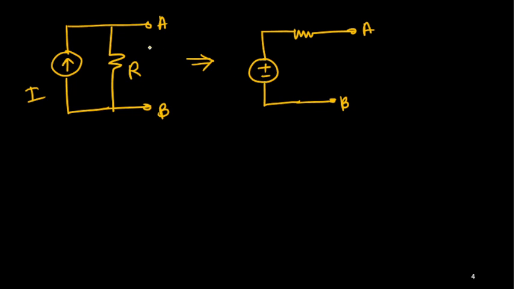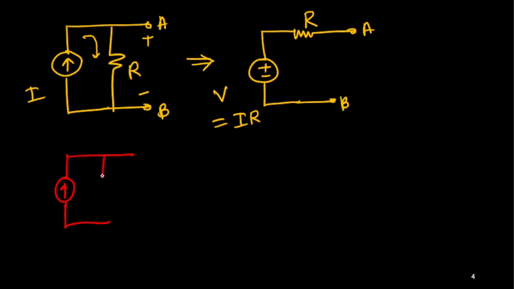That voltage is nothing but the voltage at the open circuit. No current is flowing in this open circuit, so the current flows through this circuit only. So I into R is the voltage drop across the resistance. So this voltage V is nothing but I times R. And this resistance and this resistance are again the same. So it's a very simple thing, what I am saying. Now let me consider this with one example.